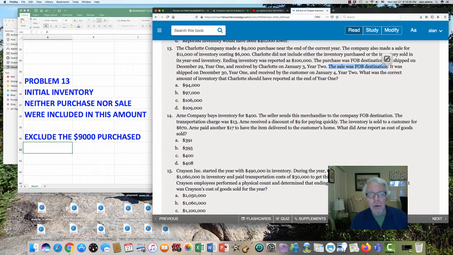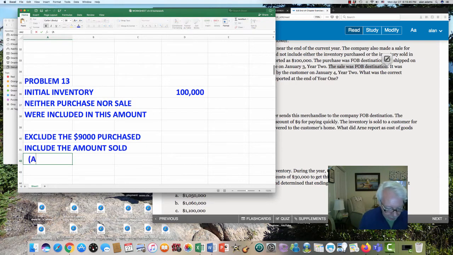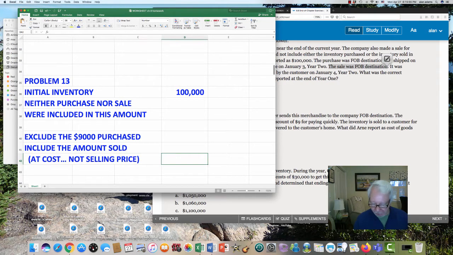So, what we're going to have to do is include the amount sold. And I'm just going to emphasize, make sure you do it at cost, not selling price. I don't care about selling price. All right? And that amount, of course, is 6,000.